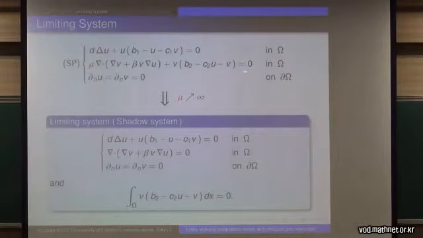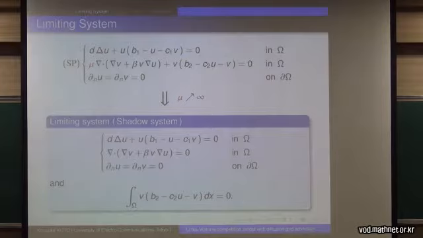Okay. And next, integrate this second equation over omega. So thanks to the Neumann boundary condition and the divergence theorem, this part vanishes for each mu. So for each mu, the integral of this second reaction term is always equal to 0. So in the limiting case, such an equation is preserved.